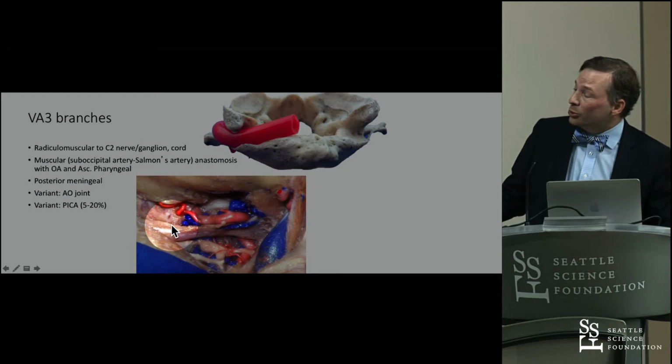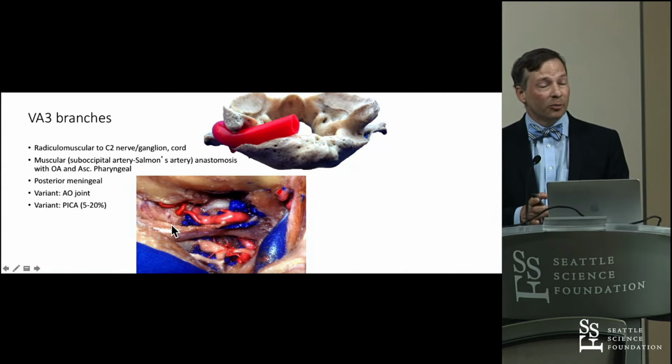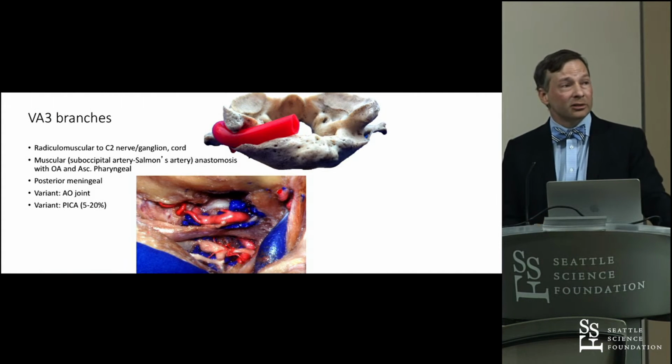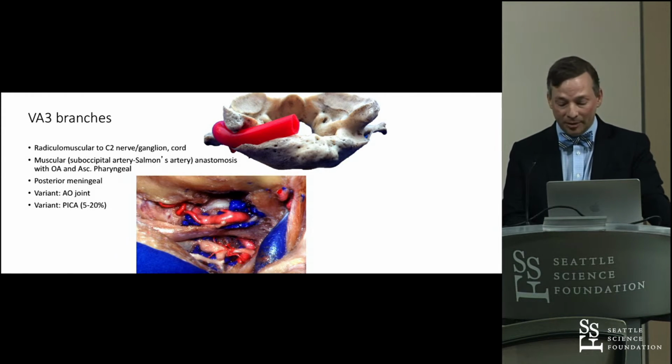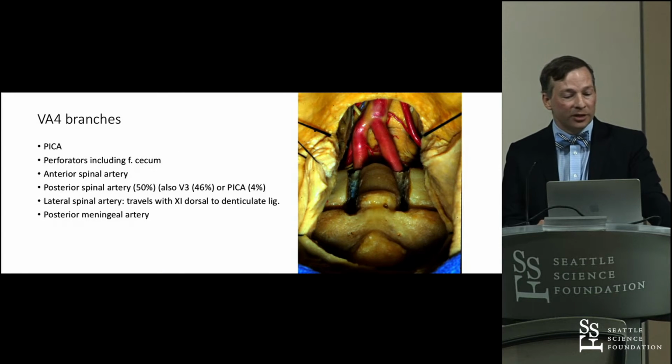And people will confuse that with Salmon's artery or a muscular artery, but if you see something that looks like it's going into the atlanto-occipital joint or junction through the dura, not into muscle, then you should be very wary that that's PICA.